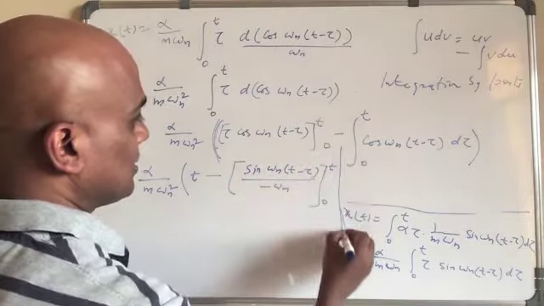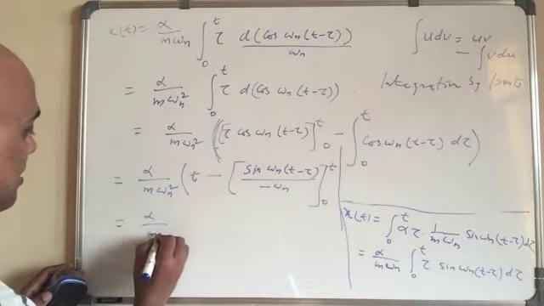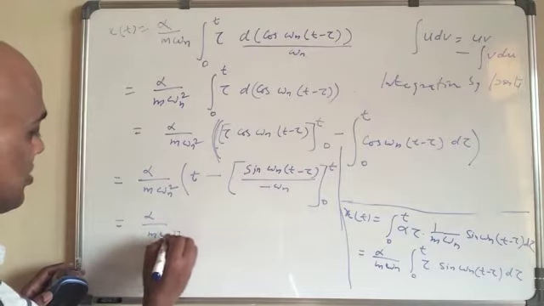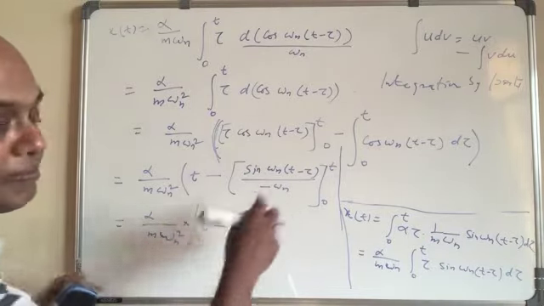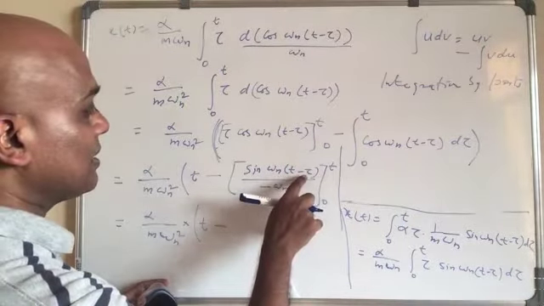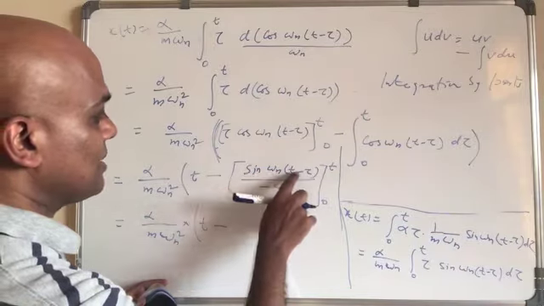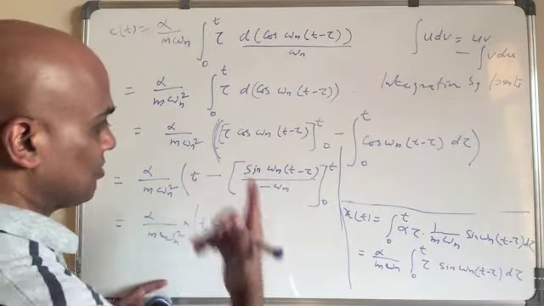Equal to alpha over m omega n square, and we get t minus. Now we put t here, then what do you get? Sine 0, and hence you get 0.